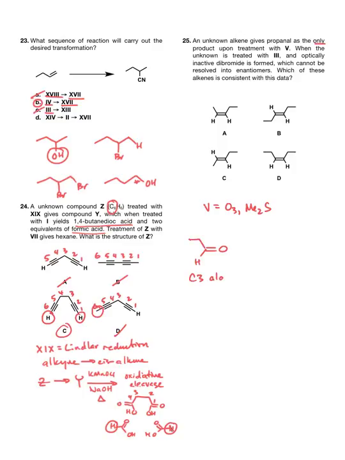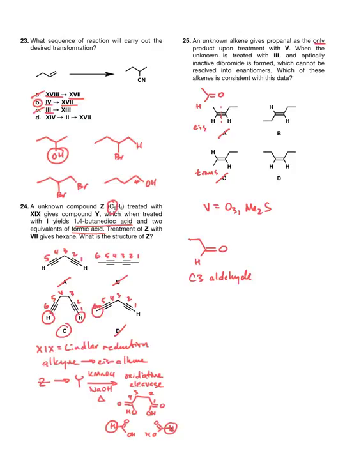It's the C3 aldehyde. If you cleave A, you would get propanal, plus you would also get this aldehyde. So A is out. If A is out, C is out, because they're just geometrical isomers of one another. This is the cis, this is the trans. So your choices are between B and D.